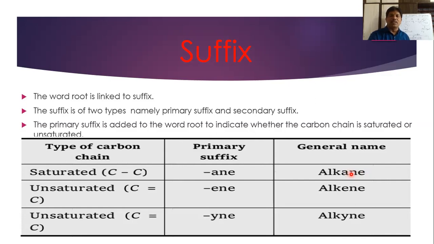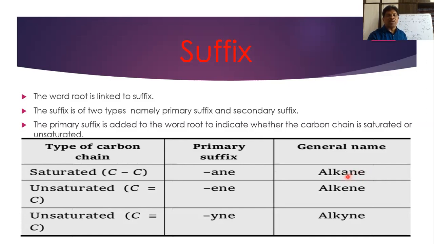If there is no functional group, if alcohol group is not there, a carboxylic acid group is not there, or any functional group is not present, generally in the AN, the E will be taken as what? Secondary suffix. The small e will itself act as secondary suffix.